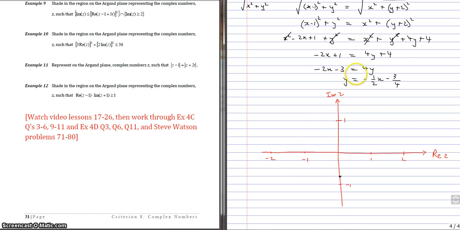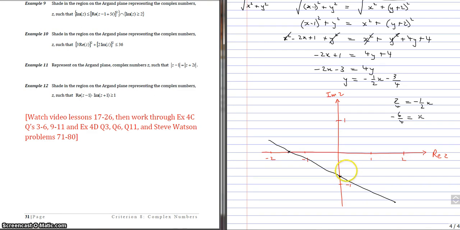So when y equals 0, we've got 3/4 equals negative 1/2 x, and then times by negative 2, so we end up with negative 6/4 equals x, or negative 3/2, or 1.5. So it passes through that point there, and then we can draw our straight line through that. And so that's our point there.